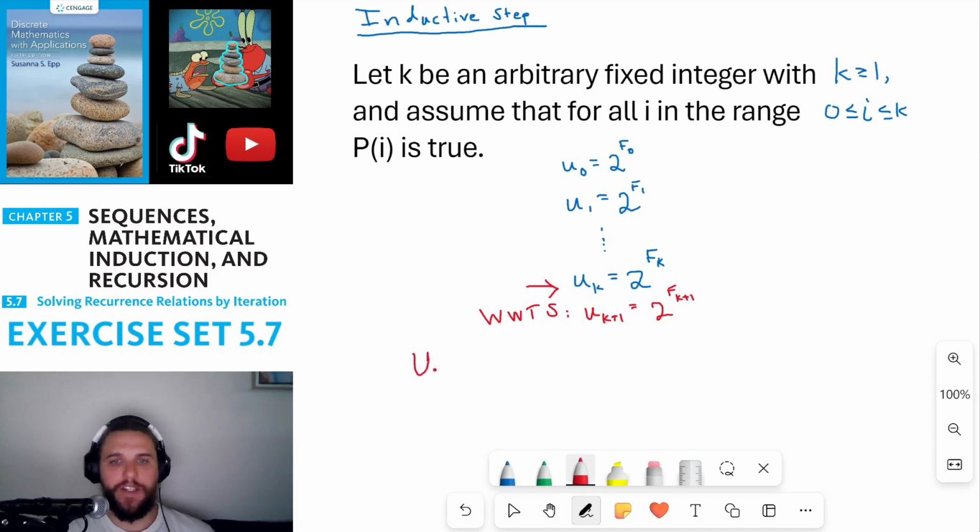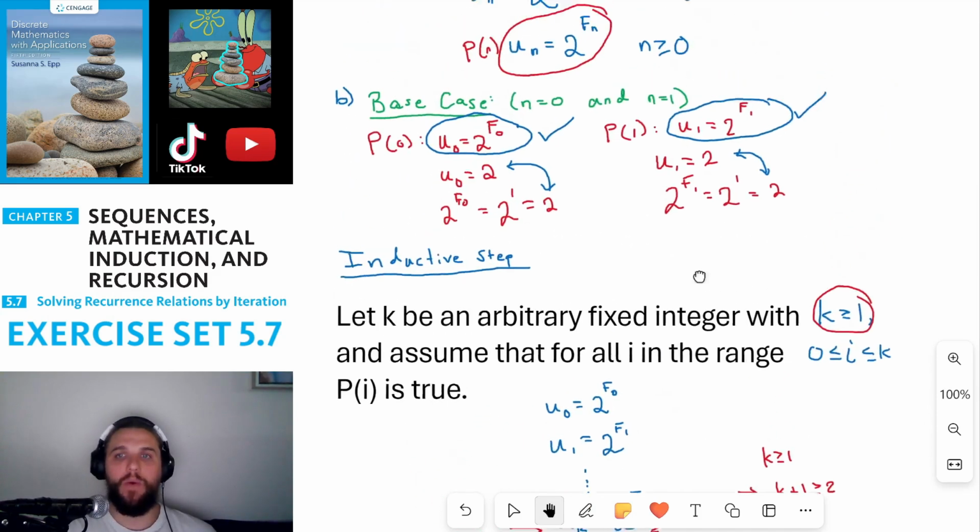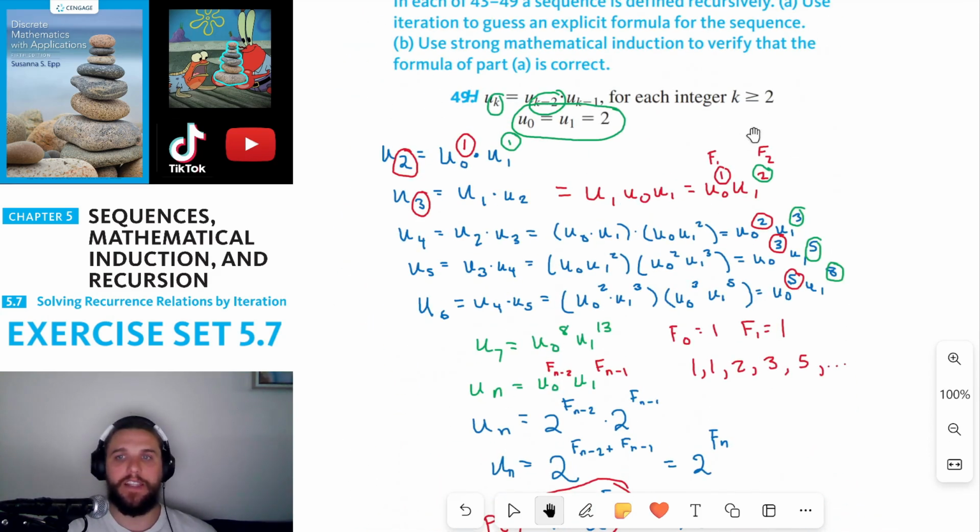So let's prove this. We're going to start with u sub k plus 1. Now k is greater than or equal to 1. Let me make a side point here. k is greater than or equal to 1. If we add 1 to both sides, that means that k plus 1 is greater than or equal to 2. And that's precisely what we need to show, that this index is greater than or equal to 2 so that we can apply this recursive definition.